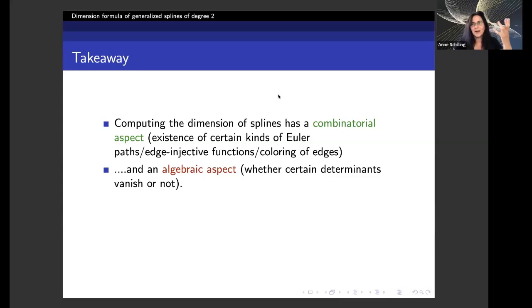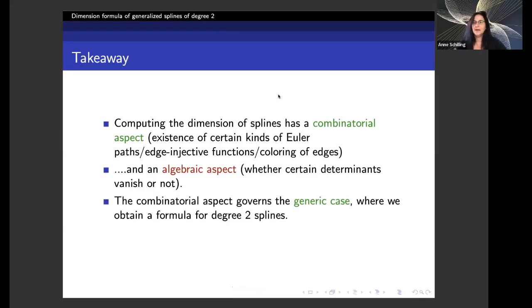That's more like an algebraic condition: can we solve such an equation? The combinatorial aspect of associating three edges to every face governs the generic case, when the polynomial is really non-vanishing in these a_i. And the algebraic aspect determines more the non-generic case, because in that case, the polynomial is actually equal to 0.